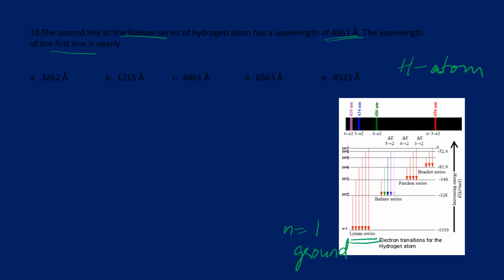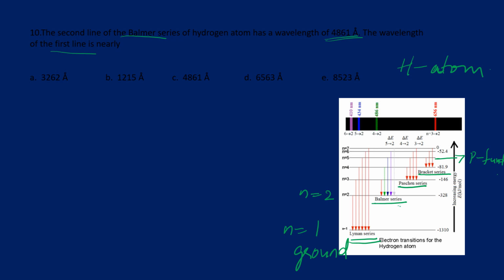When the electrons come to n equal to 2 state, you will get Balmer series. When it comes to n equal to 3 state, you will get Paschen. When it comes to n equal to 4, you will get Brackett. When it comes to n equal to 5, you will get Pfund series. So we are talking about Balmer series.